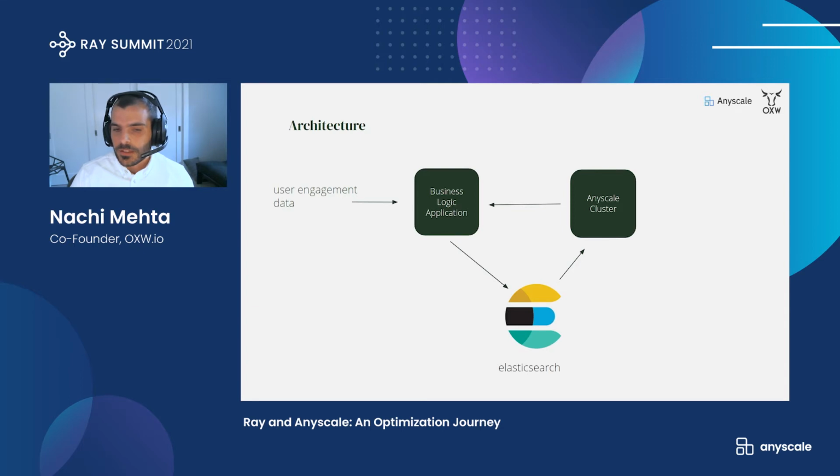So to give a very high level, and when I say high level, I mean very high level overview of the architecture. Imagine a user, you get user data coming in from a mobile SDK, and that is processed by some business logic, an application or a server that the client possessed, and they will send that data to Elasticsearch, where the data was ultimately stored.